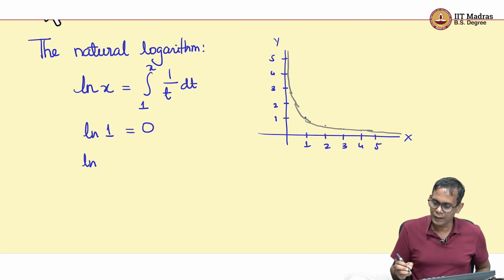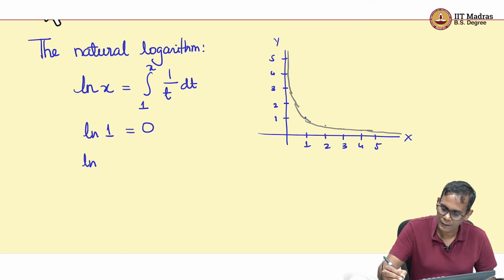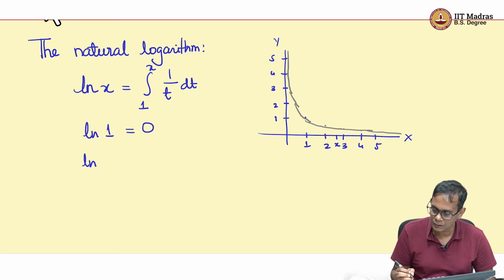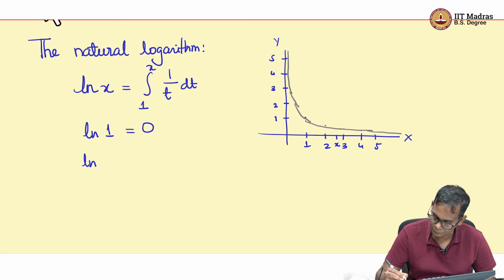And what we are trying to compute is, say we have a point x over here, then to compute the value of this function, we are computing the area under this graph between 1 and x.